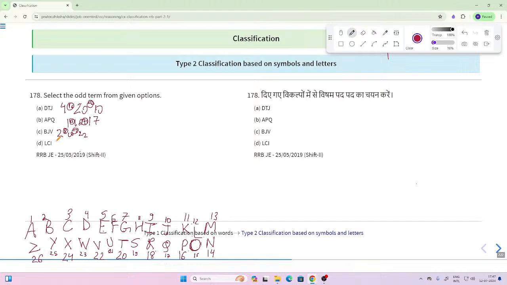Okay. LCI. L is 12, C, I is 9. 9 plus 6.